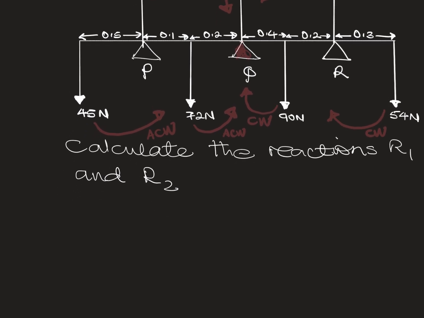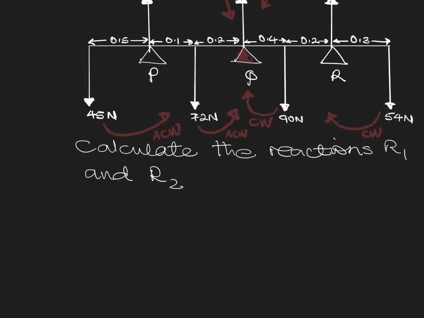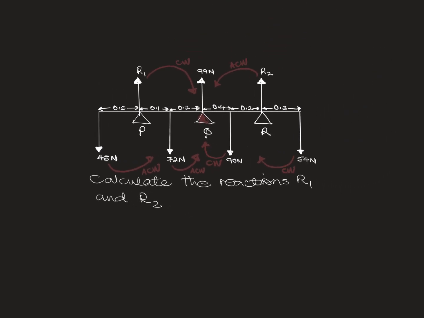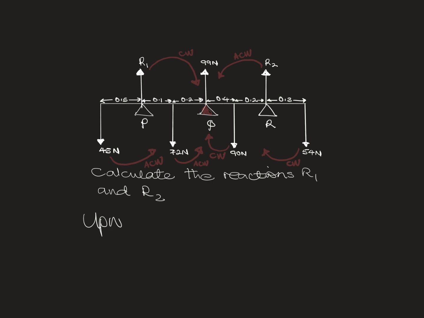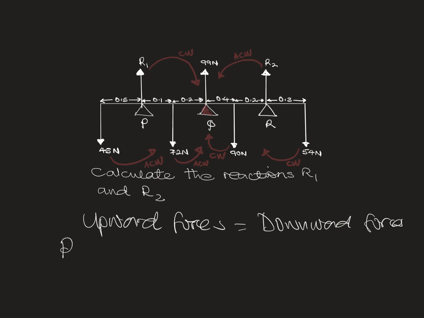Now from the principles of coplanar forces, total upward forces equal total downward forces. So the upward forces are R1, 99, R2. This equals the downward forces 45, 72, 90, and 54.